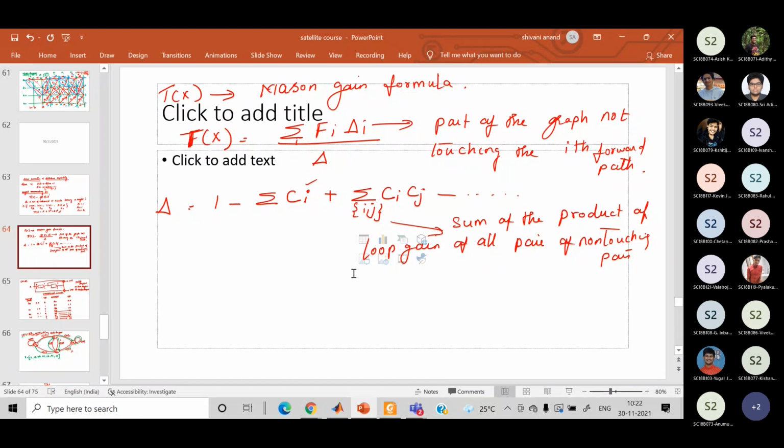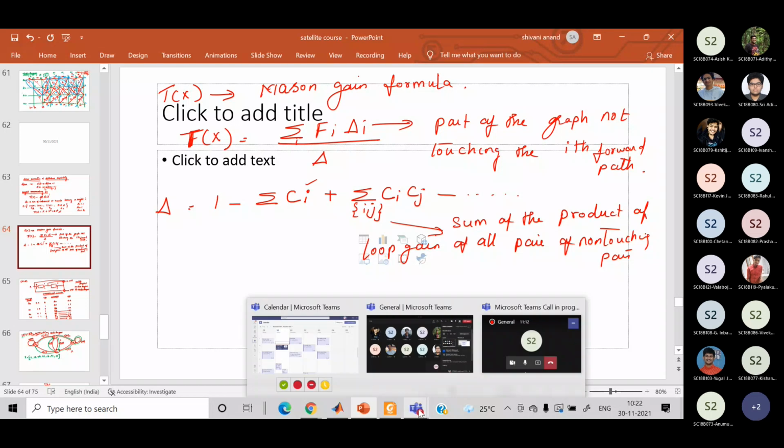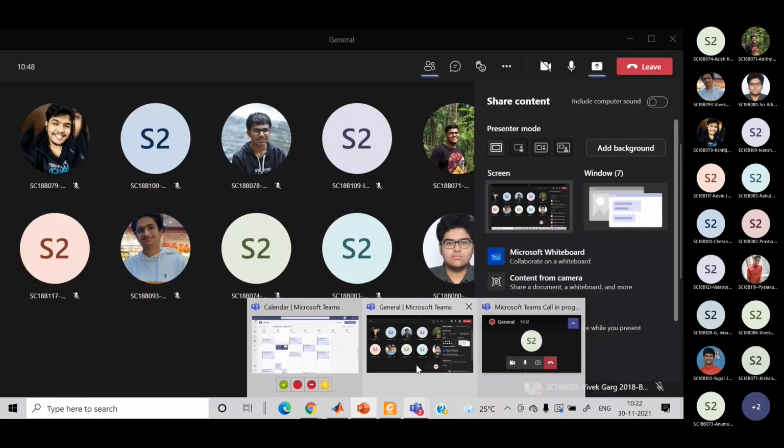For convolutional code, you can follow Simon Haykin, communication systems, or digital communication by Sklar. These two books are enough for both convolutional code and linear block code. If there is no doubt, I can wind up this class.